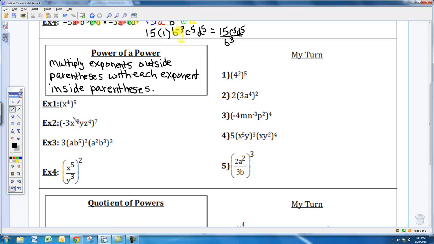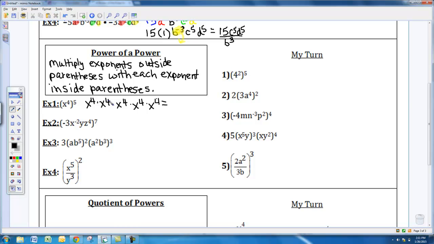We have x to the fourth raised to the 5th power. So basically what this means is we are multiplying x to the 4th 5 different times. Well, according to the product rule, when we multiply like bases, we should add our exponents.